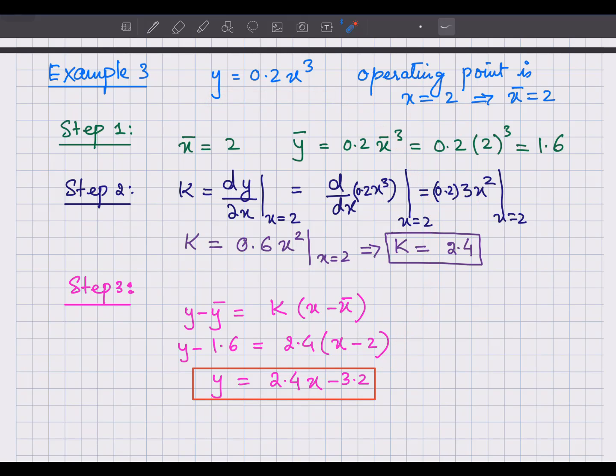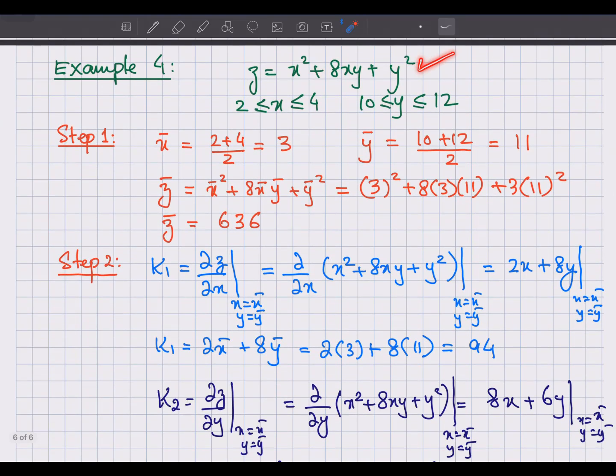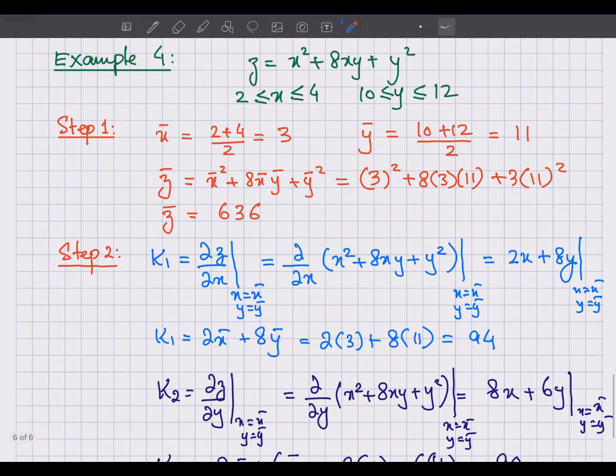Okay, and the last example. Let's suppose that this is the function, and this range is given to us. In step 1 we calculate x bar, y bar and z bar. Then we calculate k1 at the operating point, that is the derivative of the function with respect to x.